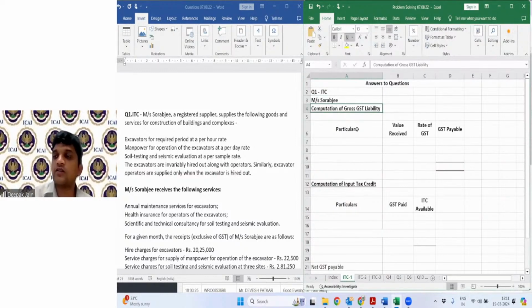What are you doing? You are here trying to do computation of your gross GST liability, correct? So we have to move towards net GST liability. First, we'll calculate gross GST liability, then the input tax credit, then the net GST liability. So first is computation of gross GST liability.